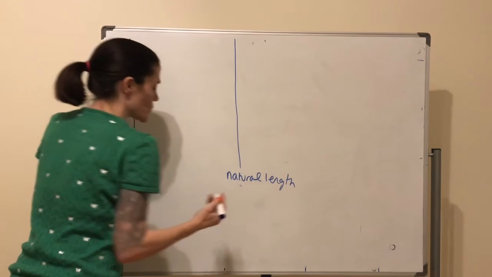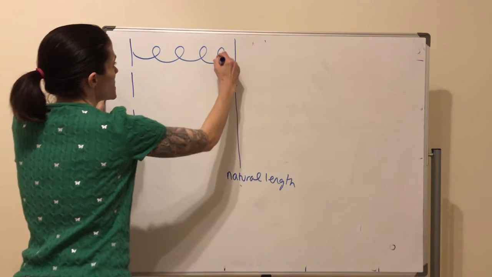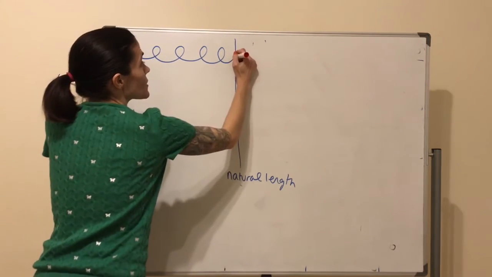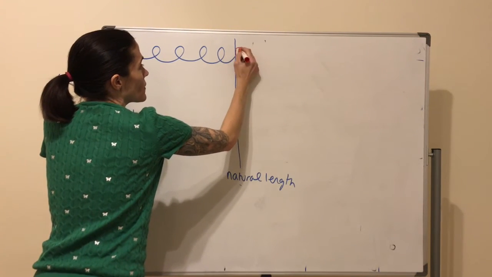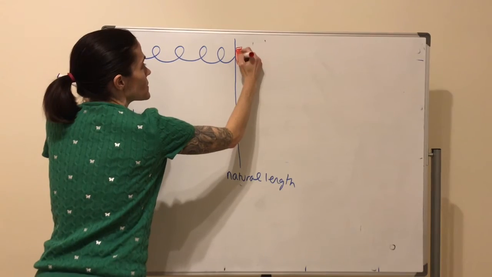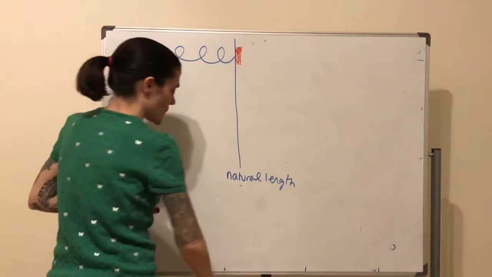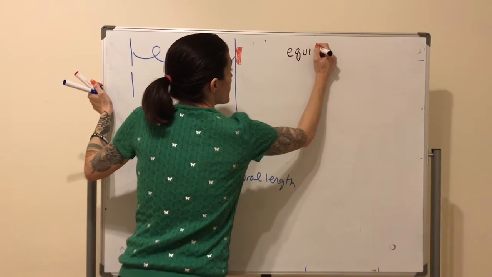And what can happen with a spring? Well, in one case, the spring is sort of at rest. Maybe you have something attached to the end of the spring, like this. So this is at equilibrium, or when the spring is just at rest.